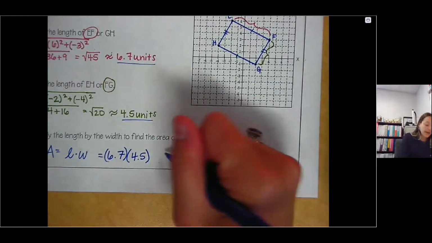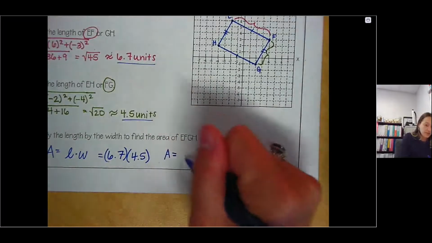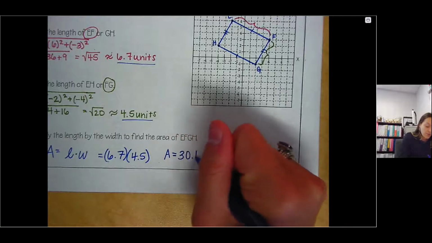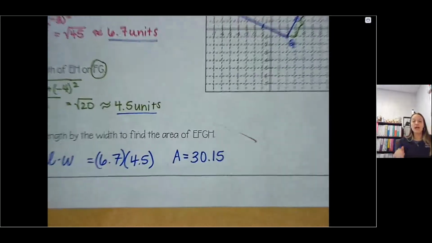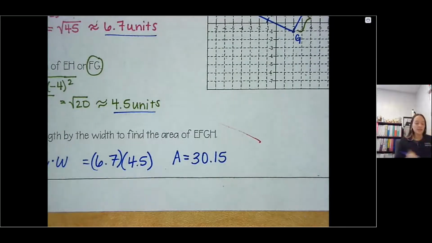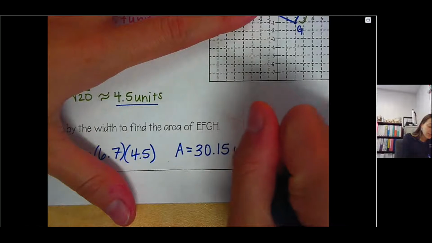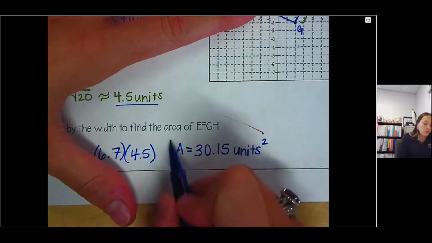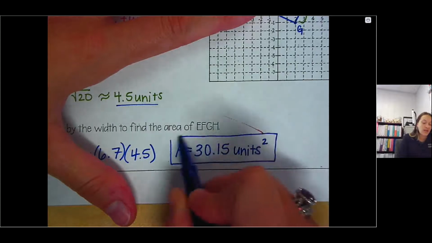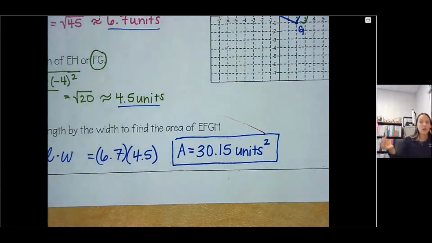Okay, so my area equals 30.15. And now because we're talking about area, we had multiplied units times units. That means my answer is in units squared. So perimeter is in units, area is always in units squared because you're multiplying units times units.